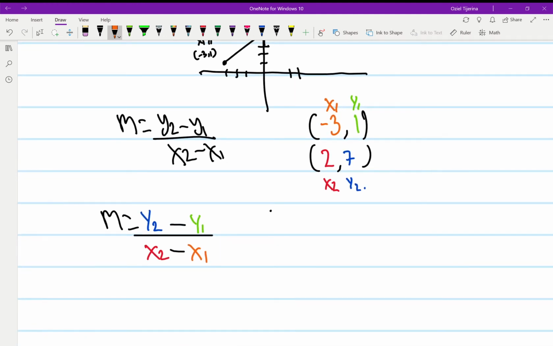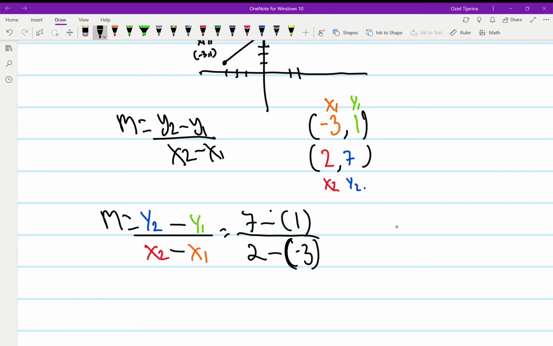So what you do is you go ahead and find your slope. Your y2 is 7, your y1 is 1, so it's 7 minus 1 over, your x2 is 2, and your x1 is -3.